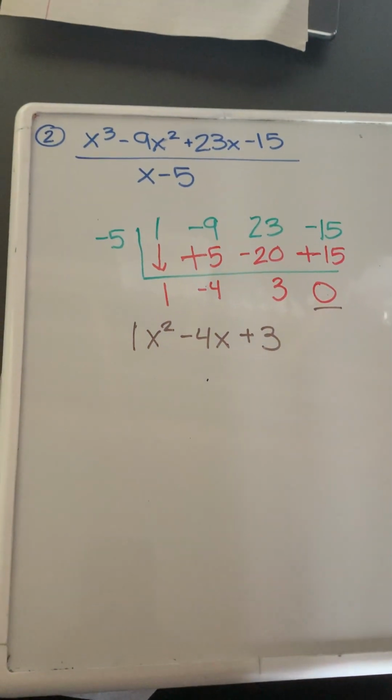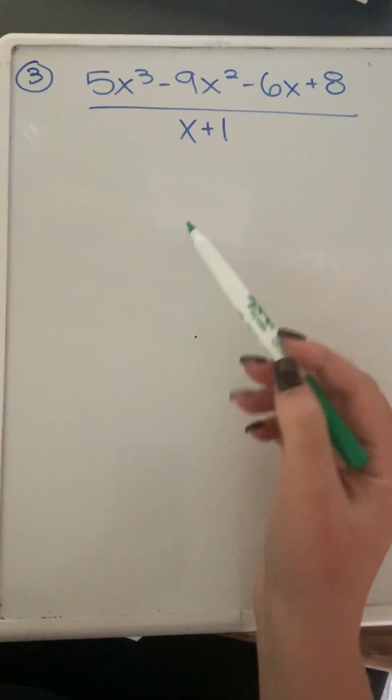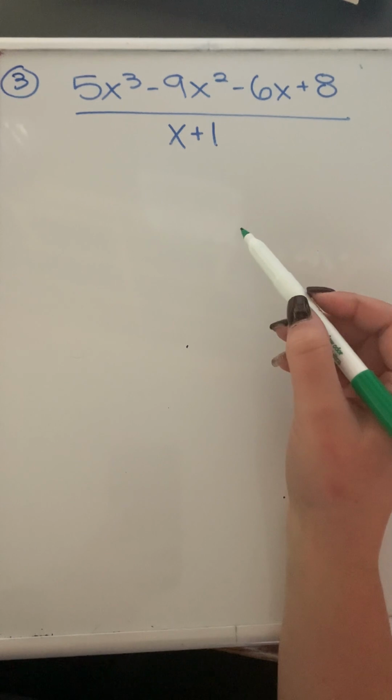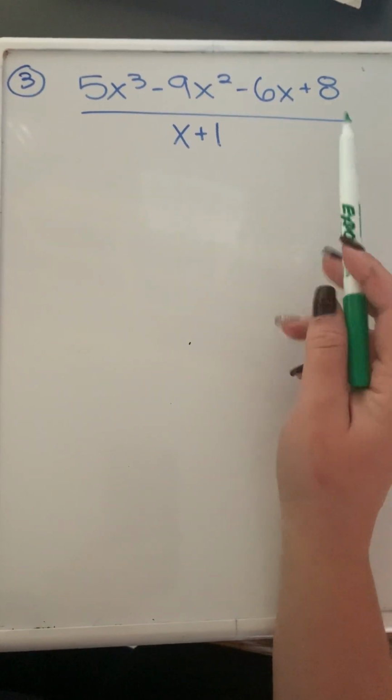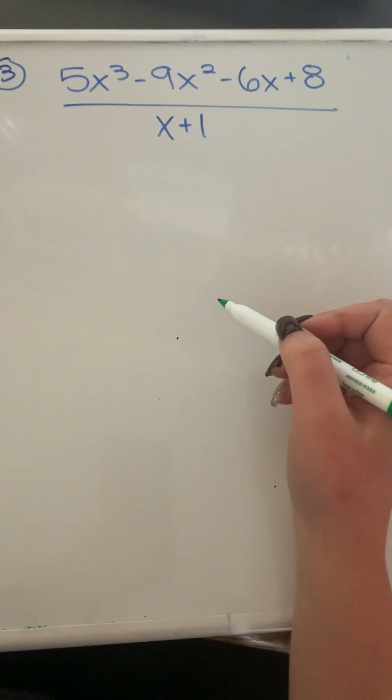Now it's time for you to try this on your own with number 3. So with number 3, this problem seems a little bit different than the previous problems. What is the difference between this problem and the ones that we did earlier?